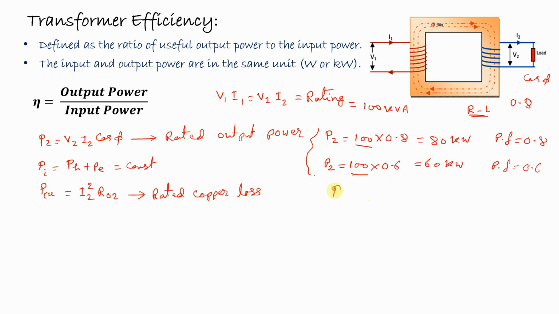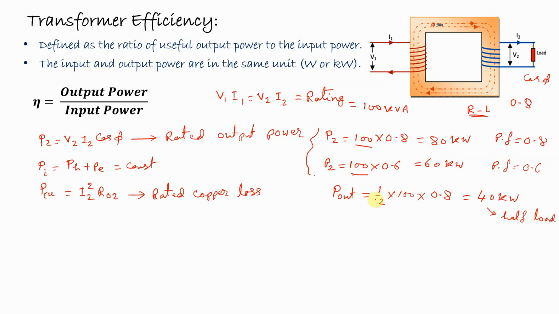So in this case, the output power will be half of the total load. Here the power factor will remain the same because the nature we have not changed. In this case, we will get 40 kilowatt as the output power. This will be considered as a half load, that means half of the full load.